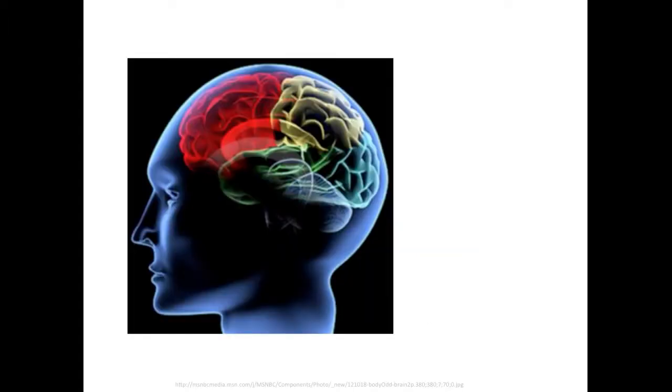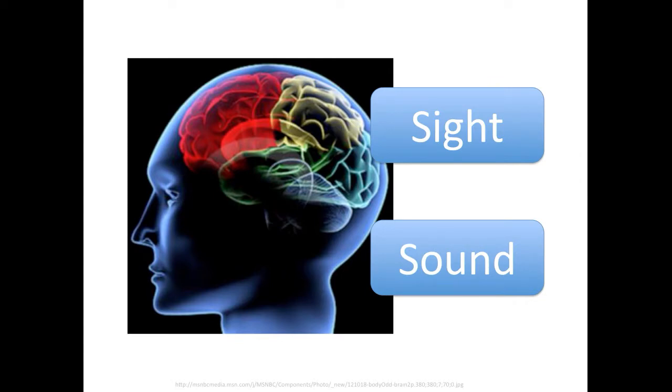We have two methods for receiving information for learning as it has to do with online instruction: sight and sound. The key point to understand is that we are limited by a very short attention span in how long we can retain this information. According to Clark, we take it through sight and sound.